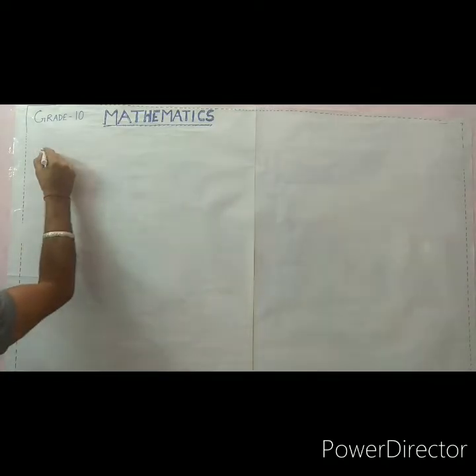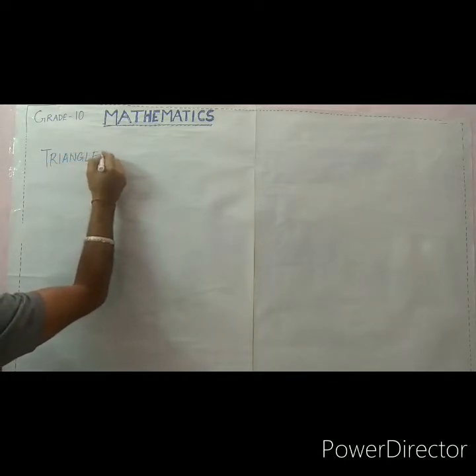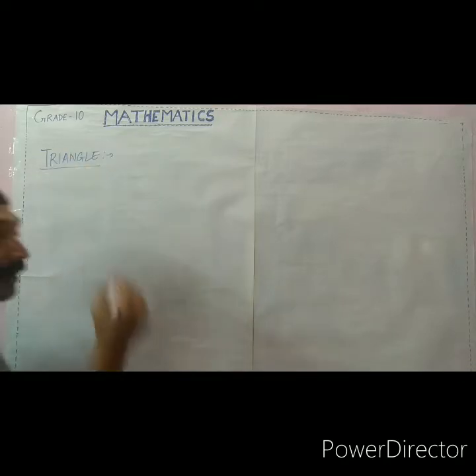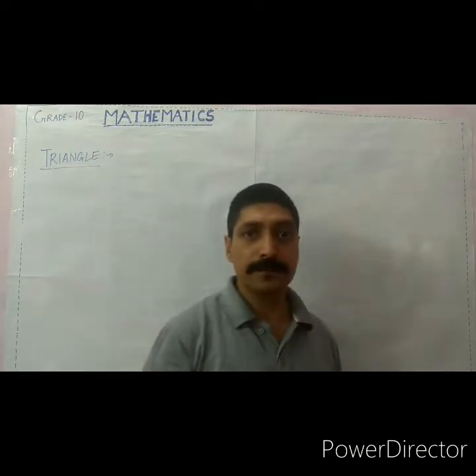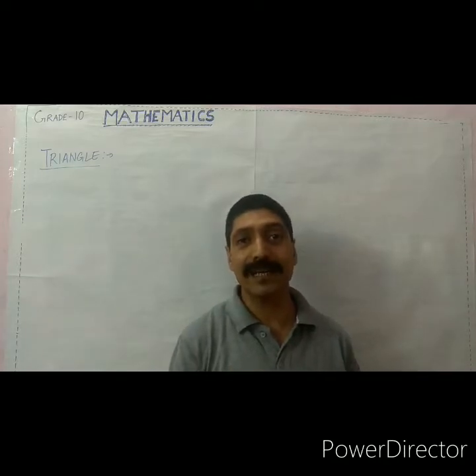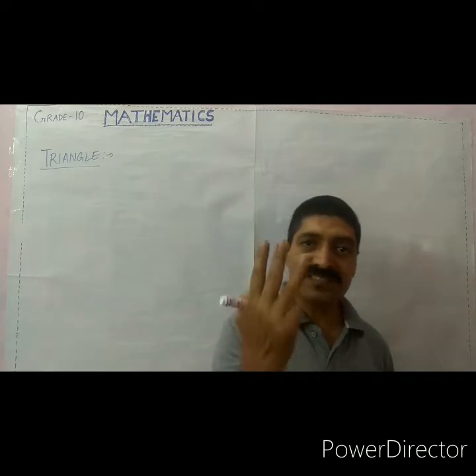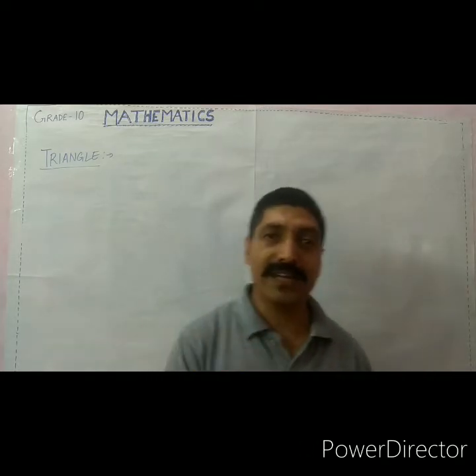Triangle: a closed figure formed by three intersecting lines is called a triangle. Tri means three sides.